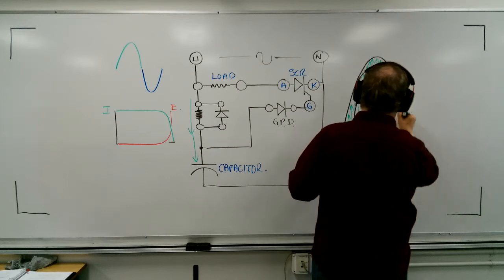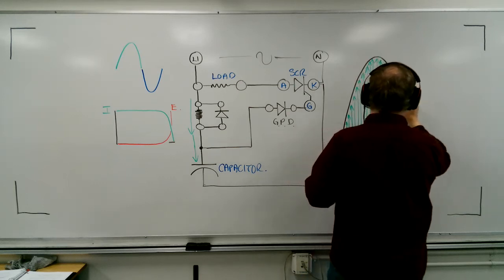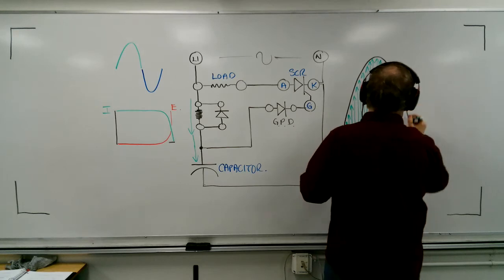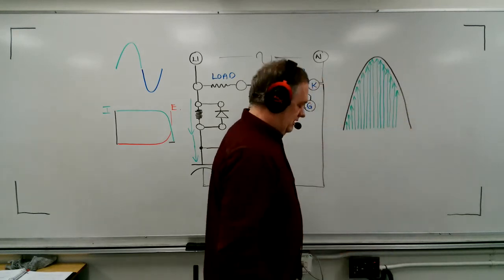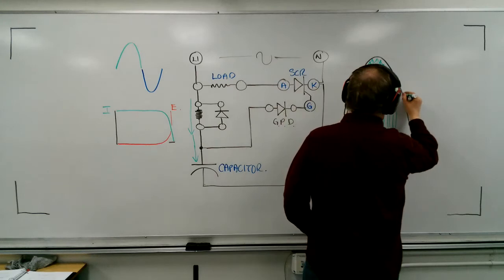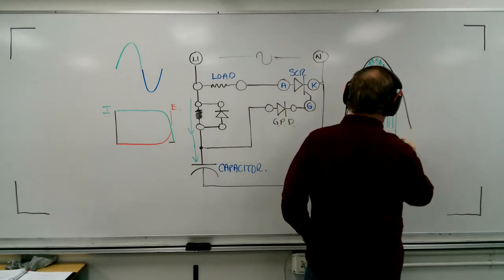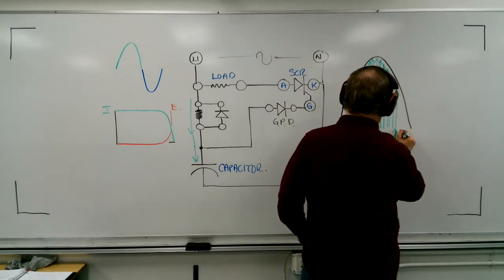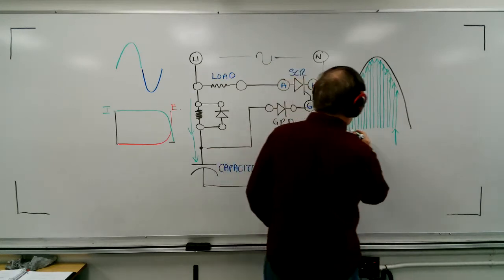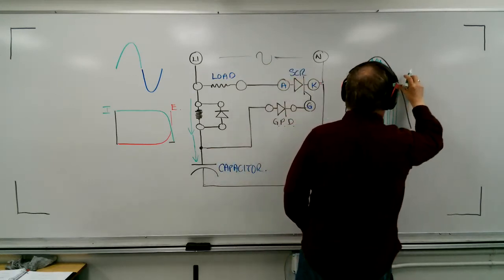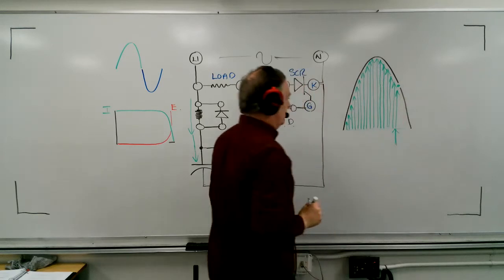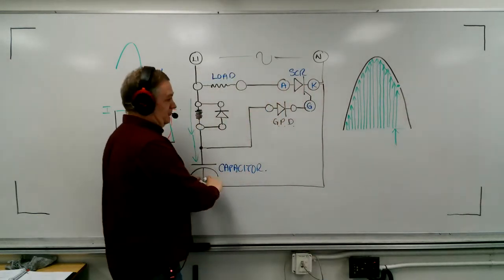So the capacitor and the resistor have to be sized together so that at a point where you're happy with it, right here, we say, okay, now the capacitor is full.